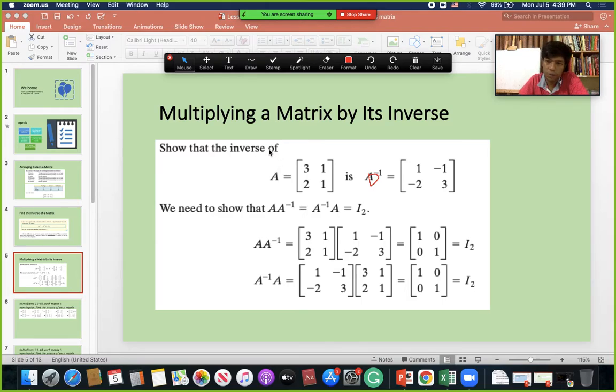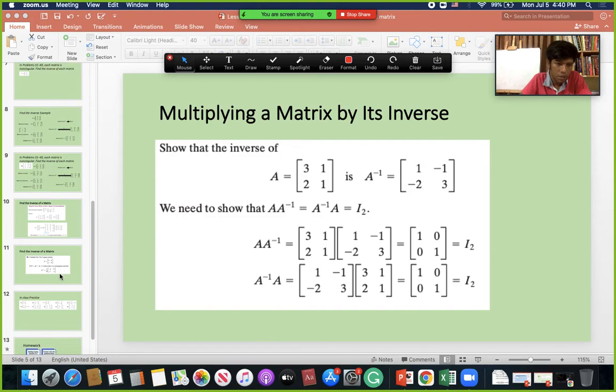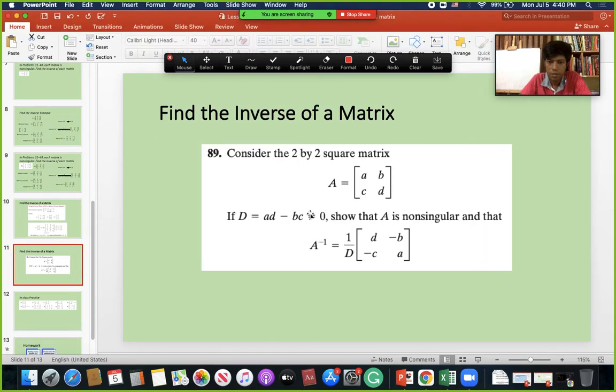For a 2 by 2 matrix, finding the inverse is super easy. We just use the formula. Let me show you here. If the matrix is A, B, C, D, then the formula is A inverse equals 1 divided by D, where D means determinant.